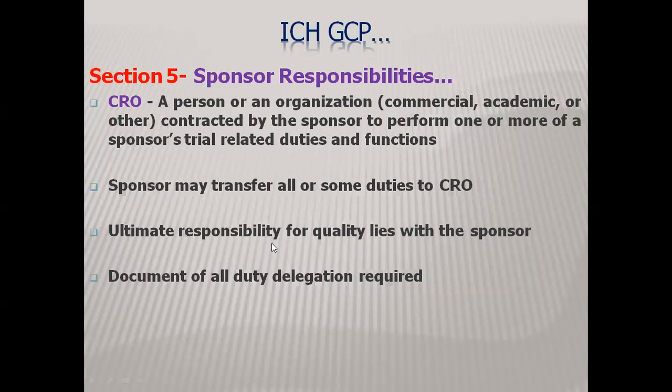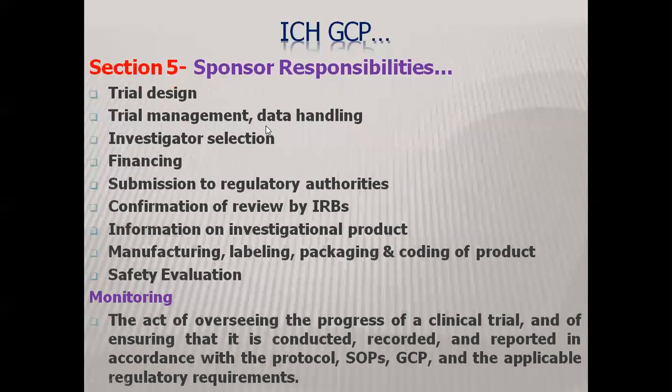So who is taking care of the quality control and quality assurance in the clinical trial? It is the sponsor who is taking the responsibility of the QA and QC system. Okay. Then documents of all duty delegations are required to be given by the sponsor. That is what I have told you before as well.